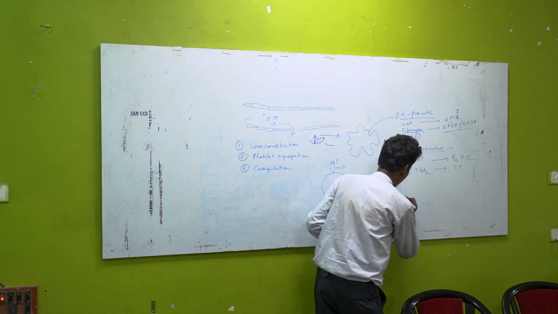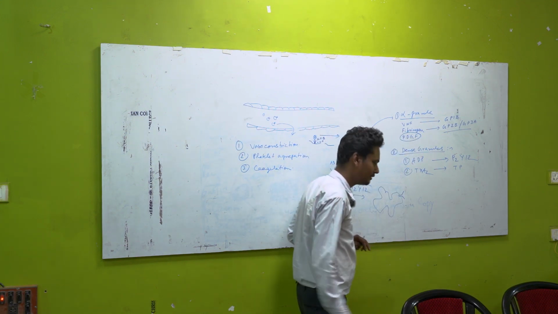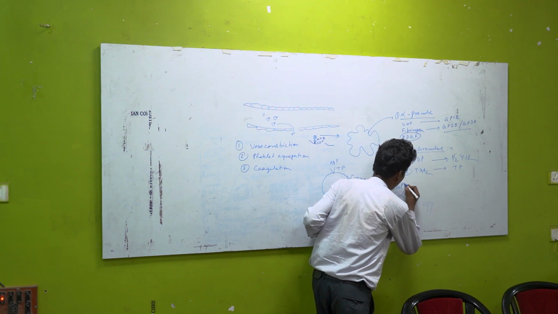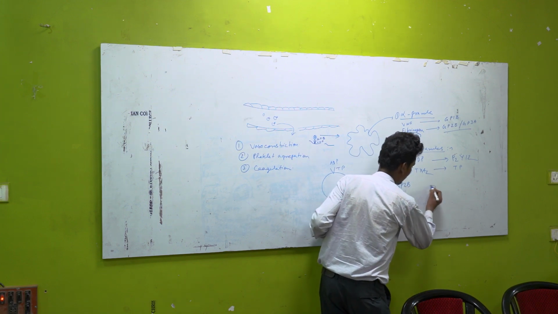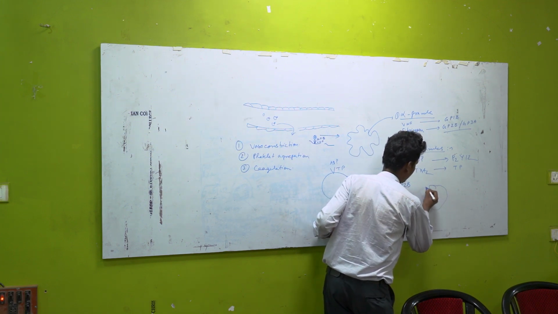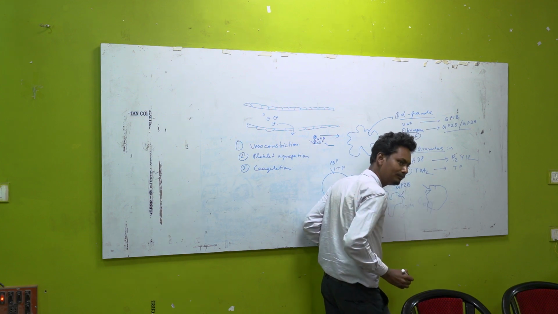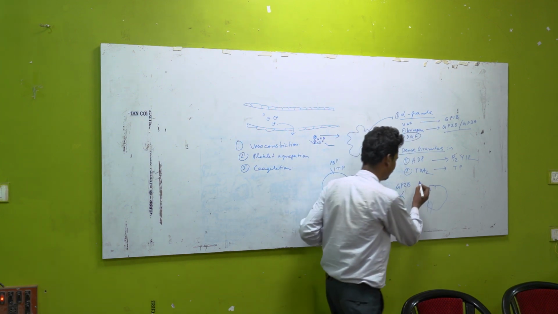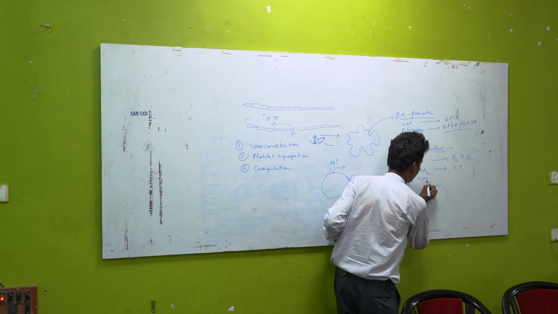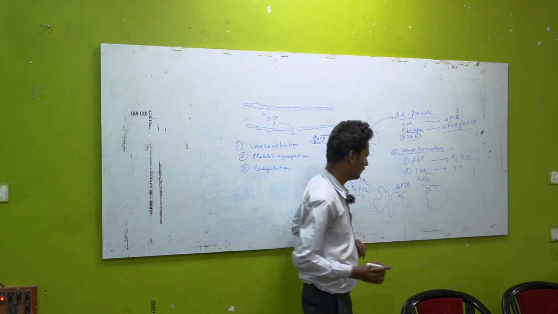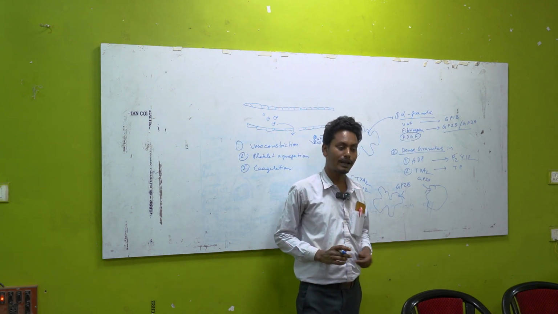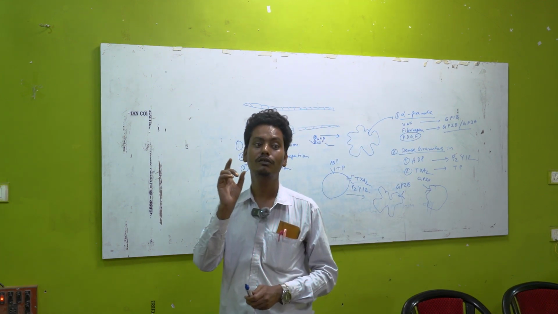Suppose this is a GP2B receptor, and suppose this is another GP2B or GP3A receptor. Both the receptors are associated with the binding with fibrinogen.